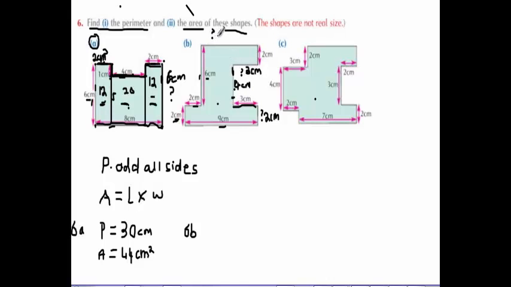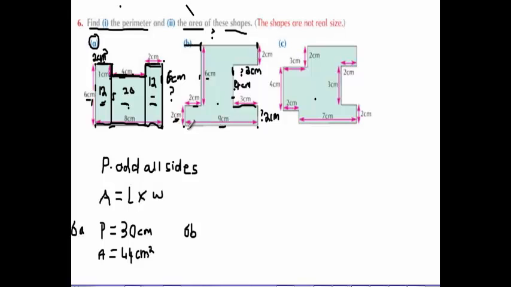Now I just need to find out what this line is up here. So I can see that this line is shorter than the distance from here to here. So again, if I find out the length of this part, take it away from 9 centimeters, I'll be left with my distance from this point to this point.